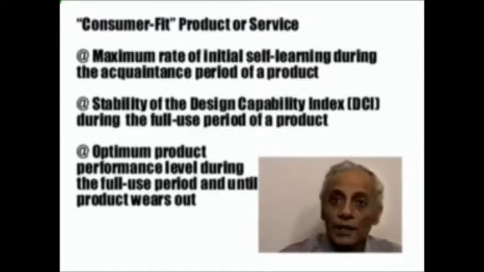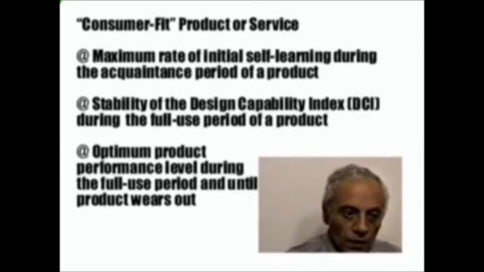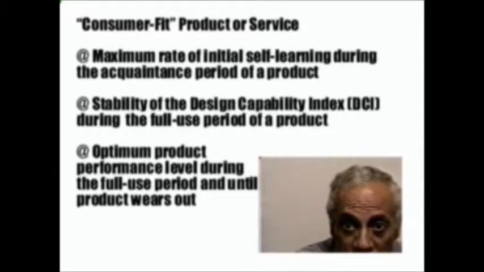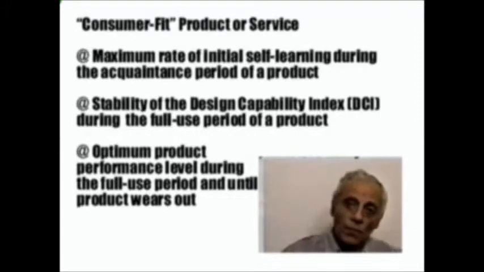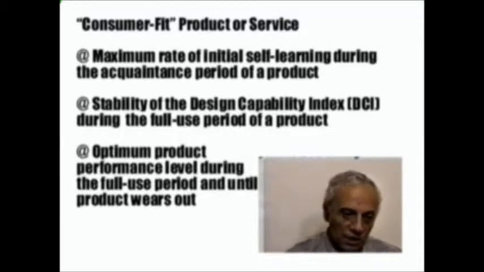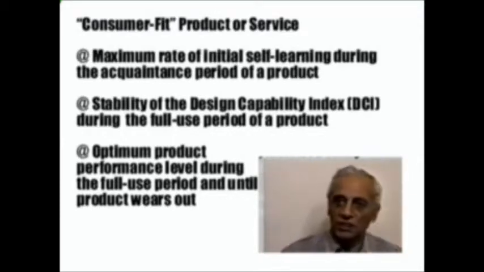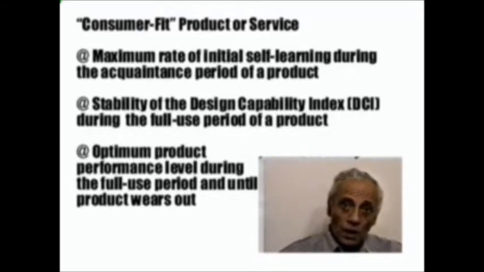There are ways to judge that. First, the stability, the maximum rate of initial self-learning. Most products these days should be easy to use, and frankly that has been a major issue in recent years with the wide range of electronics presented, from DVDs to VCRs to TVs to computers and all types of electronics.